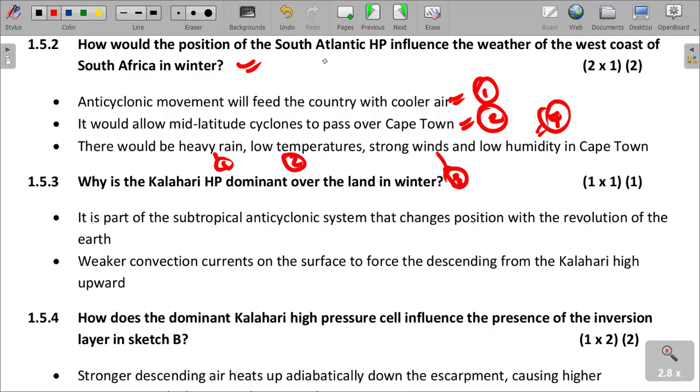All these are various factors that we can see as a result of the South Atlantic high pressure cell, which is on the west coast of South Africa. So basically, it affects Cape Town by having heavy rains, low temperatures, strong winds, and low humidity, which are also because of the anticyclonic movement, which will feed the cooler air from the west side of the country.